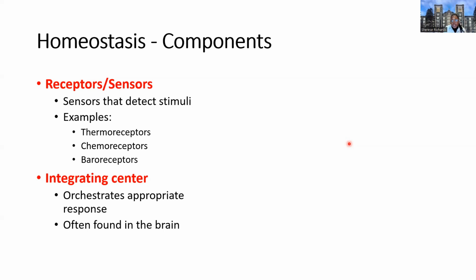So in our blood pressure example, baroreceptors would have detected a drop in blood pressure as they detect the mechanical pressure that's exerted in your blood vessels. Integrating centers are going to orchestrate the appropriate response. So this can be organs in the brain, and usually the medulla oblongata is our major integrating center.